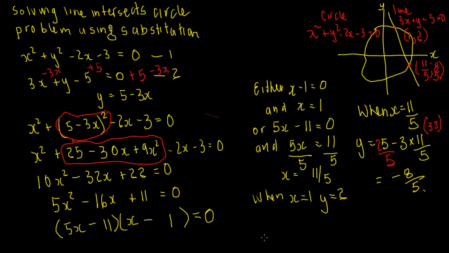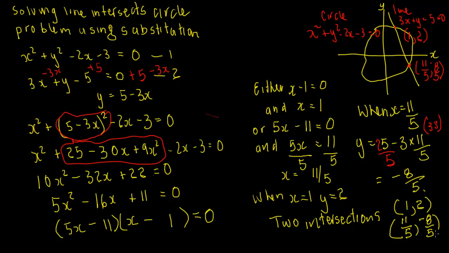So to get our answer here, there are two intersections. We've got one at the point 1, 2, and the other one at the point where x equals 11 over 5 and y equals negative 8 over 5, as we've got it drawn on the diagram.